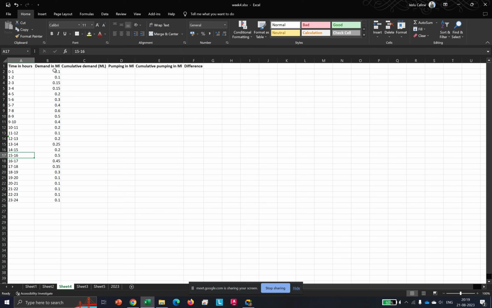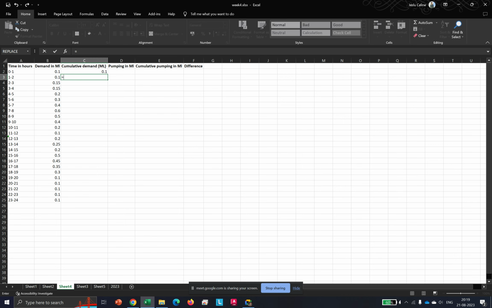In your assignment also, I'm assuming there is a similar question. You will have to take the demand for every hour and write it like this. It might be given in a horizontal format, so in Excel you can just transpose it and write it easily. Now the cumulative demand in the first case is 0.1 itself.